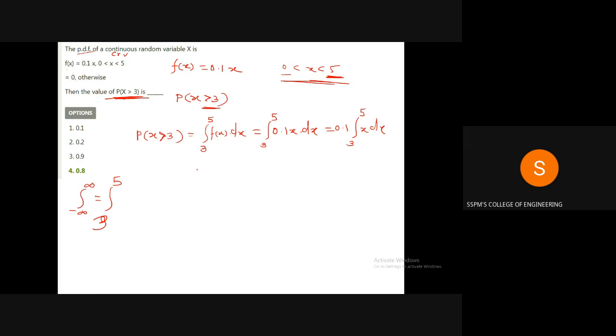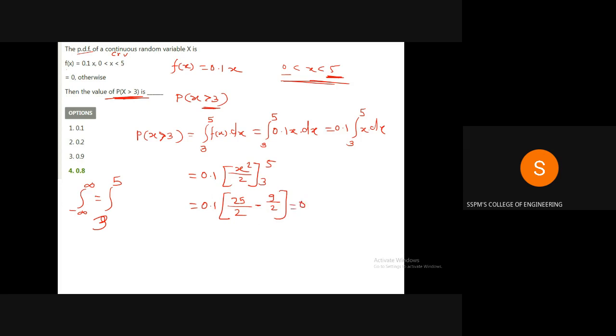So 0.1 is a constant. 0.1 into what? The integration of x is x square by 2, from 3 to 5. Now we will put in the limits. 0.1 times: the upper limit x equal to 5 gives 25 divided by 2, minus the lower limit 9 divided by 2.